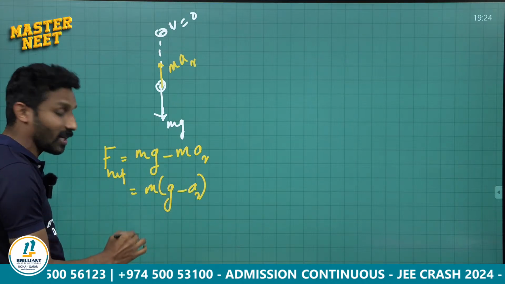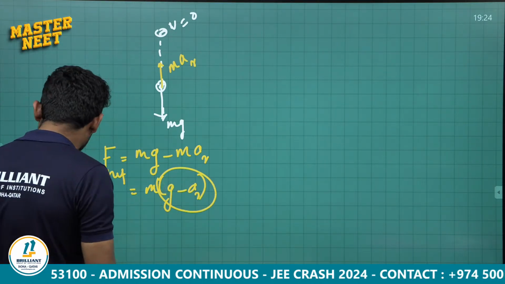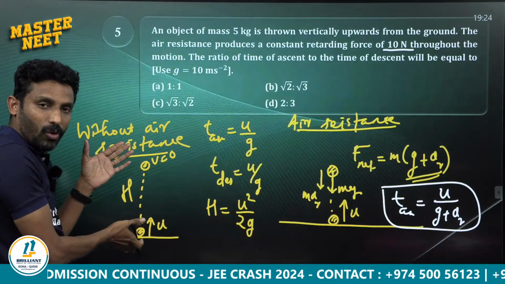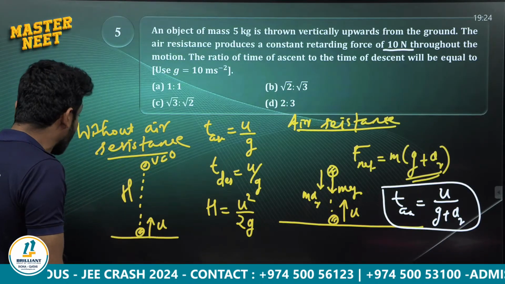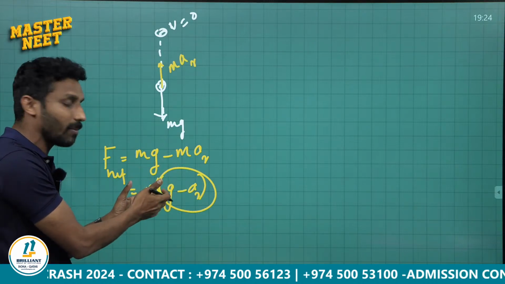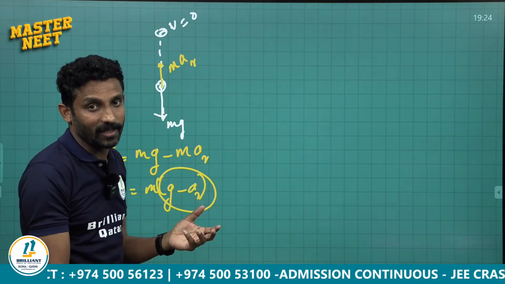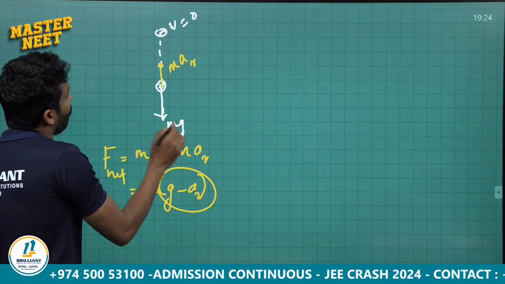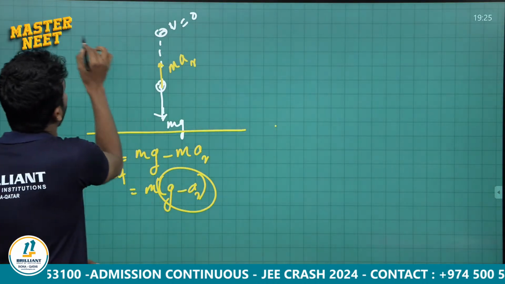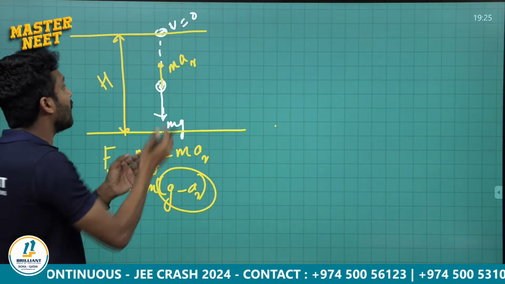In the previous case, during its downward motion, the acceleration was g only. Now the acceleration is reduced to g minus ar. So it will take more time for descending. You understood?